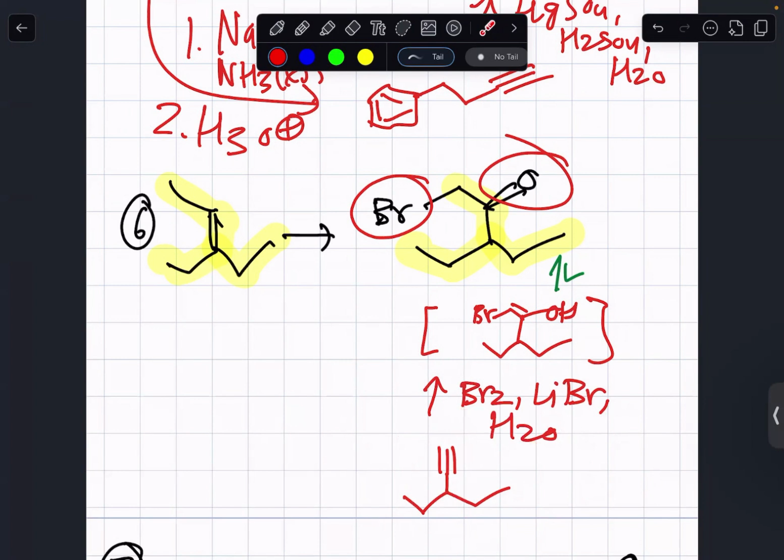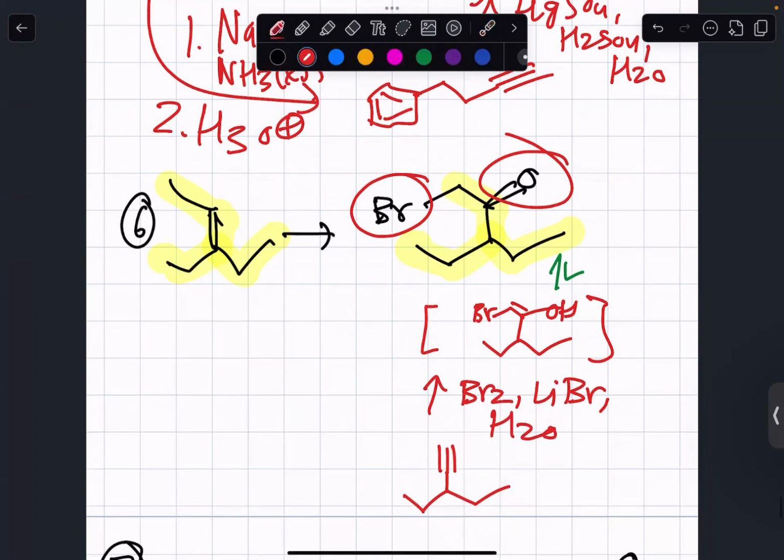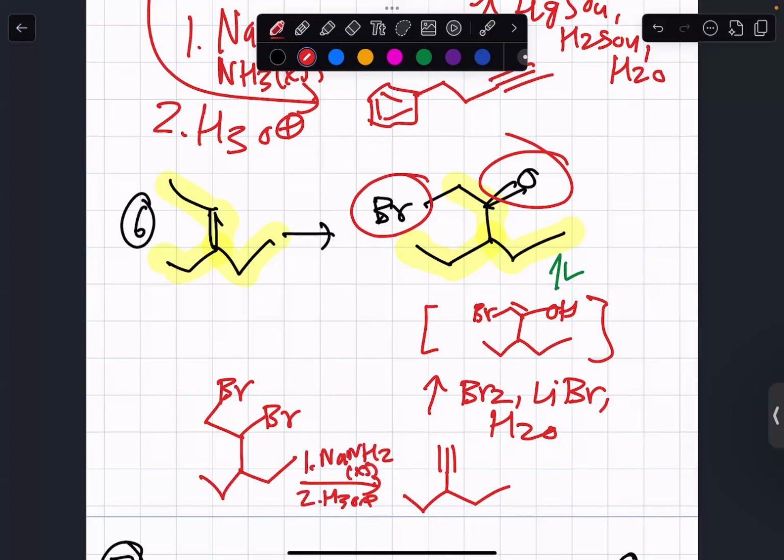How can we create this terminal alkyne here? Dihalide. It came from a dihalide. Yes. So let's create that dihalide like that. And NaNH2 excess. Second step, acid workup, from this vicinal dihalide, from this carbon and that carbon right there.